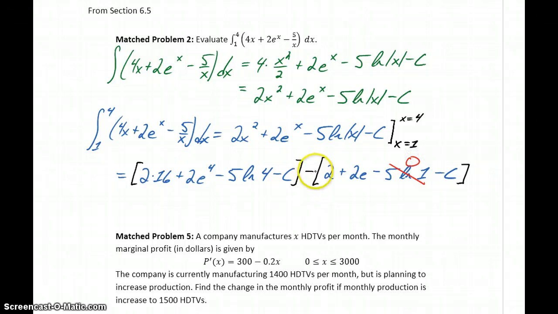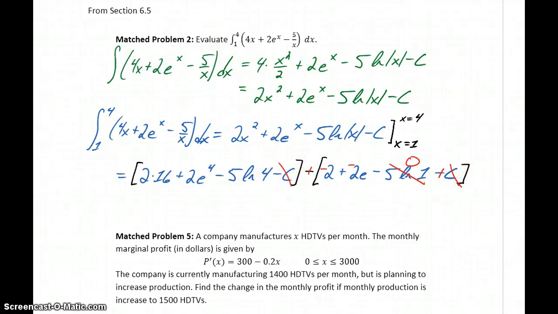The other thing that's going to happen here is that to subtract the second expression, we're going to distribute that negative through. So this will become plus negative 2 minus 2e plus c. So we'll have minus c plus c.